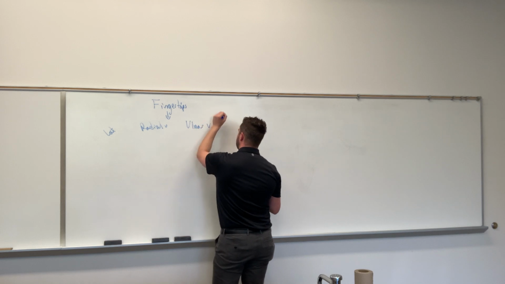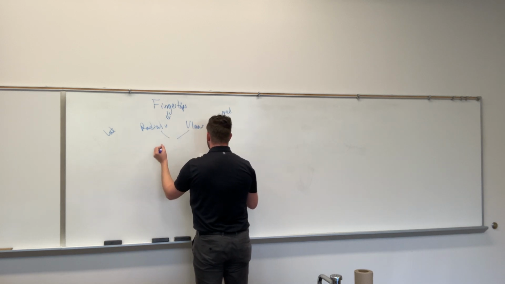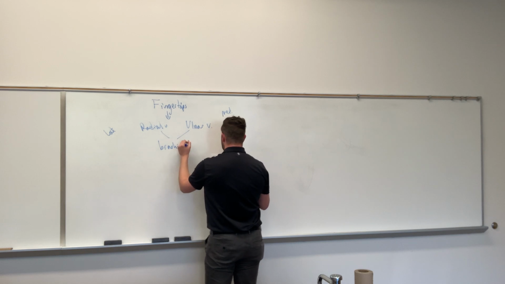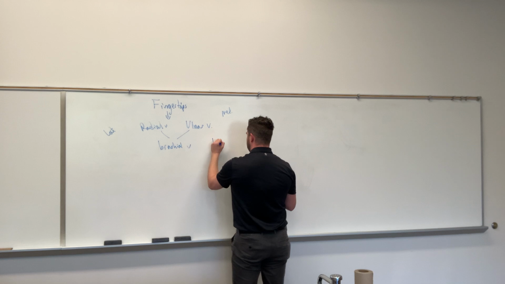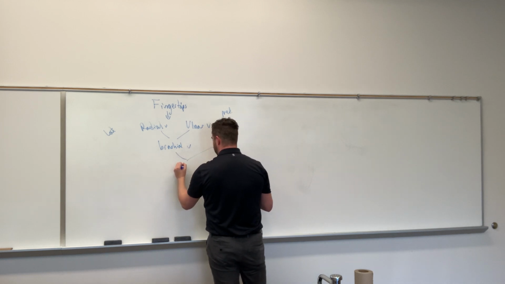Radial vein, ulnar vein, medial side, coming together, and they're going to form your brachial veins. Note it says that you want to use the median cubital in this activity. Your brachial vein and your basilic vein are going to join together, and they're going to make your axillary.